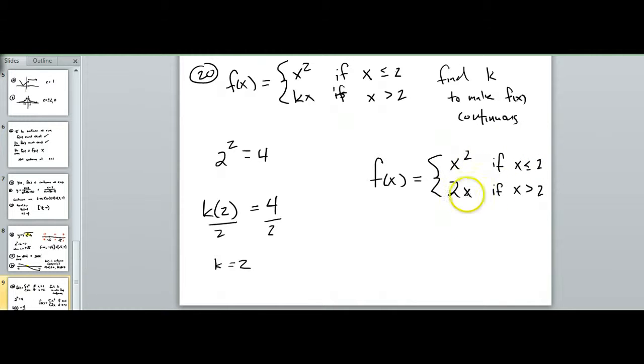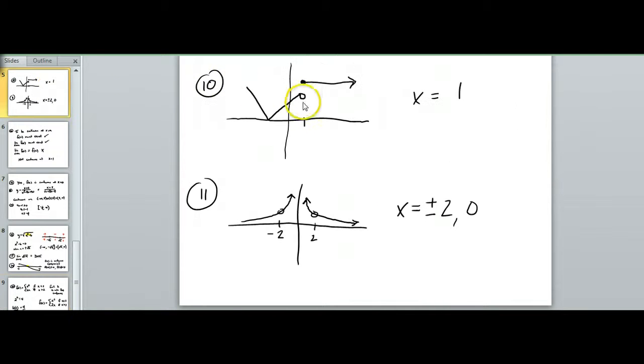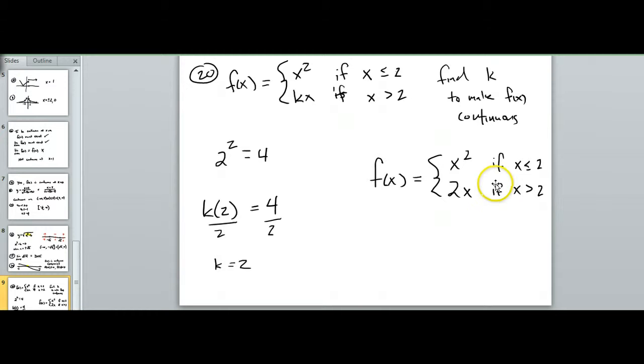So this is the possibility where we'd have a gap like we had on some of our previous slides. There's the potential for a gap there because we're breaking the domain up there. Okay, but because we just solved for k to make it 2, at this place where we break it up, we get 4 here, we also get 4 here. So we have continuity. That's what they're asking us to do here.